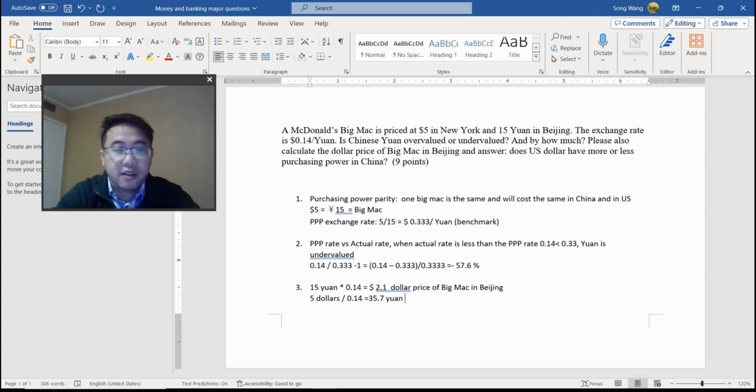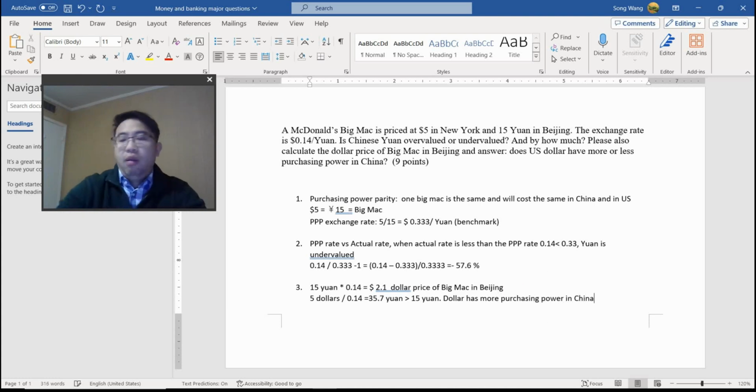Okay, and that is larger than the 15 yuan. So you can see that the dollar has more purchasing power in China.